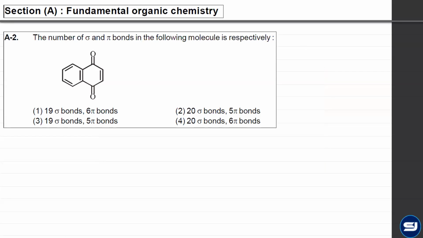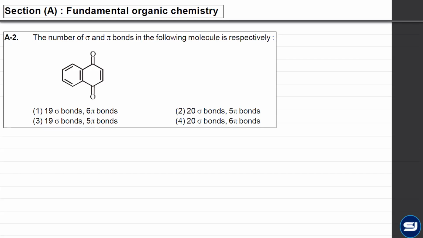So in the IUPAC isomerism, the section A, fundamental organic chemistry. Okay, starting with the first question, the number of sigma and pi bonds in the following molecule is respectively. Now, pi bonds are present in the multiple bonds, double or triple. A double bond is a combination of one sigma and one pi.